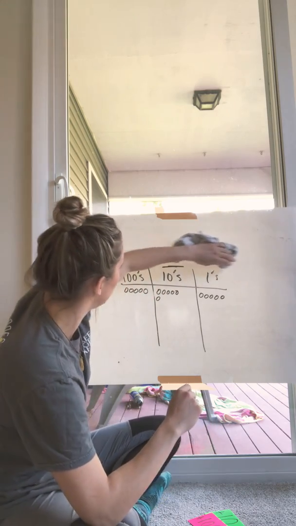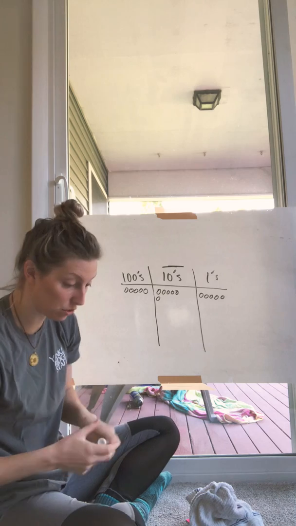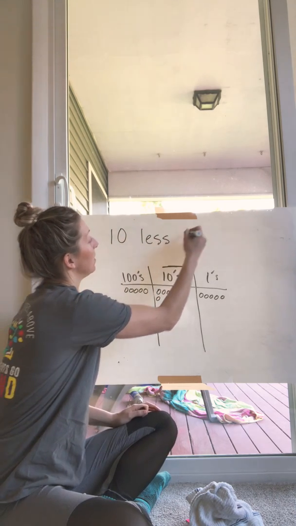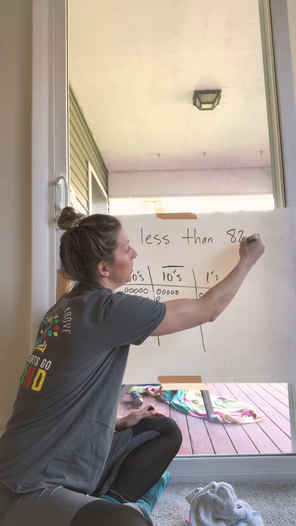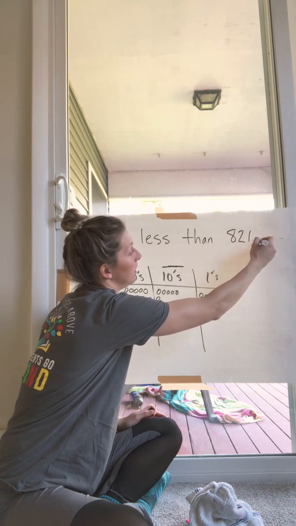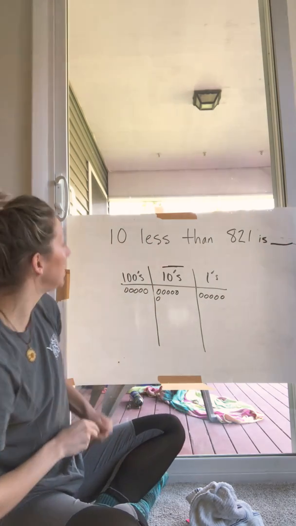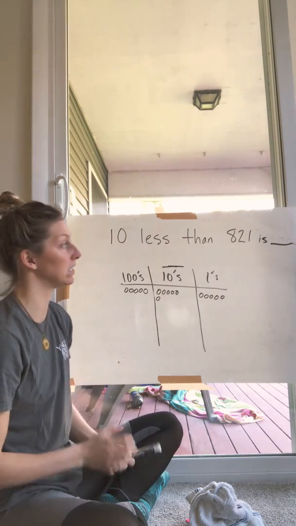And then we'll move to a quick wrap up. So if I have 10 less than 821, what's it going to be? 10 less than 821, 10 less.